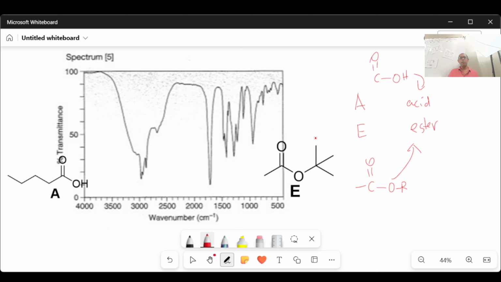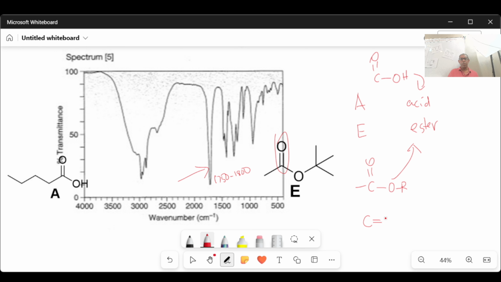The only thing, this CO can be confusing because you have this strong peak at around 1700, 1750 to maybe 1800. If you see that, this corresponds to the carbonyl group, C=O.